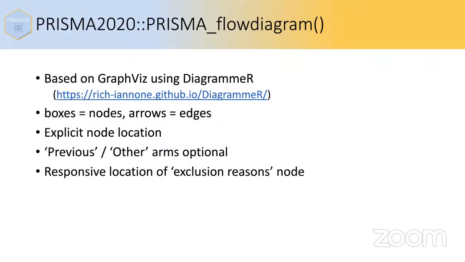It also has what's called responsive location of the exclusion reasons node. The box that has exclusion reasons in, where each line is a different exclusion reason, can be varying sizes depending on the number of exclusion reasons. And the PRISMA_flowdiagram function responsively moves the boxes around depending on how big that box is, to a certain degree.